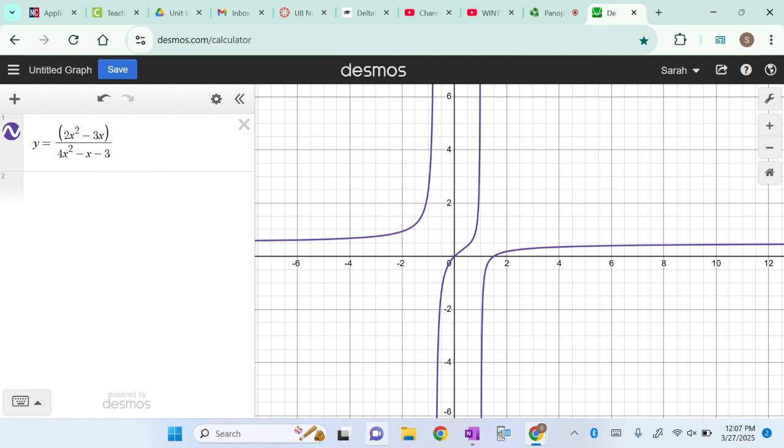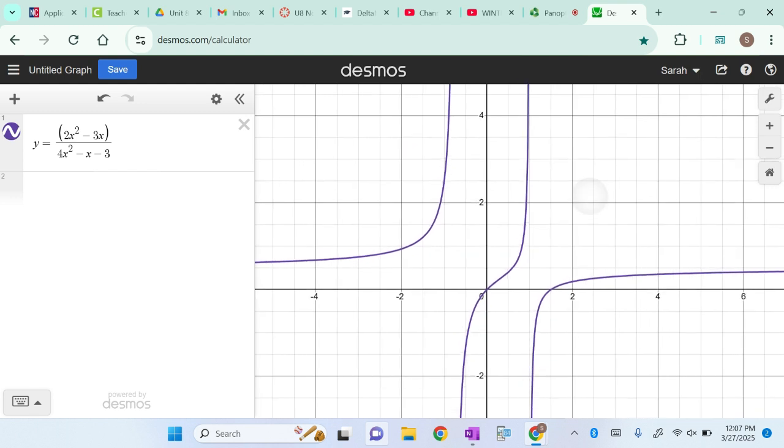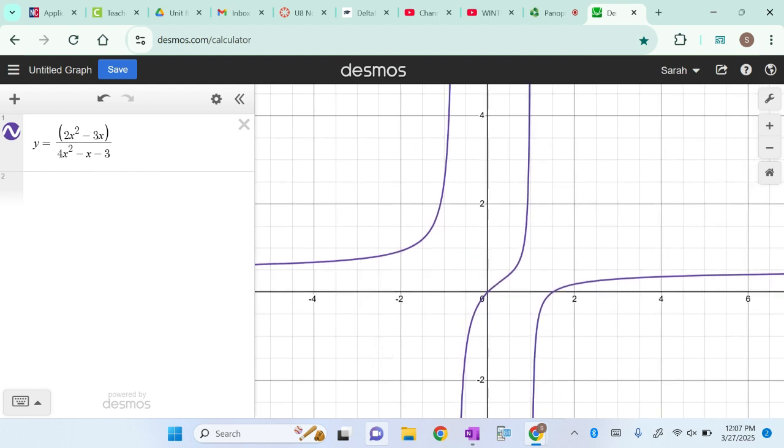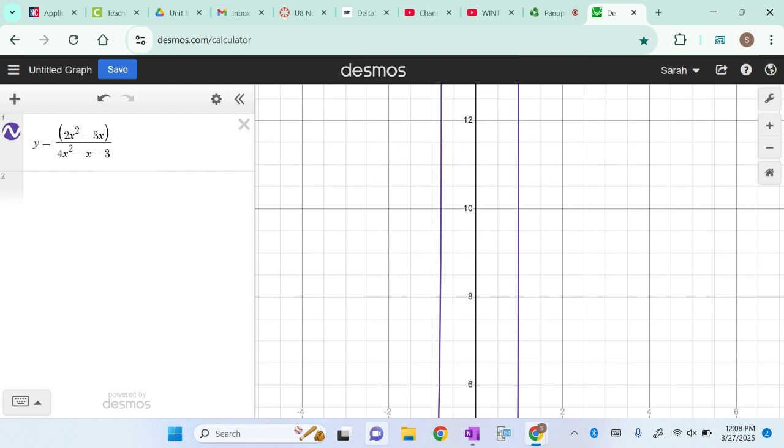Okay, so this one's a little bit of a weird one. This one looks like it has two vertical asymptotes. And the way I can tell is because it looks like it's not passing two different lines. So if I had to guesstimate my vertical asymptotes, this first one over here, where does it look like it will not cross?